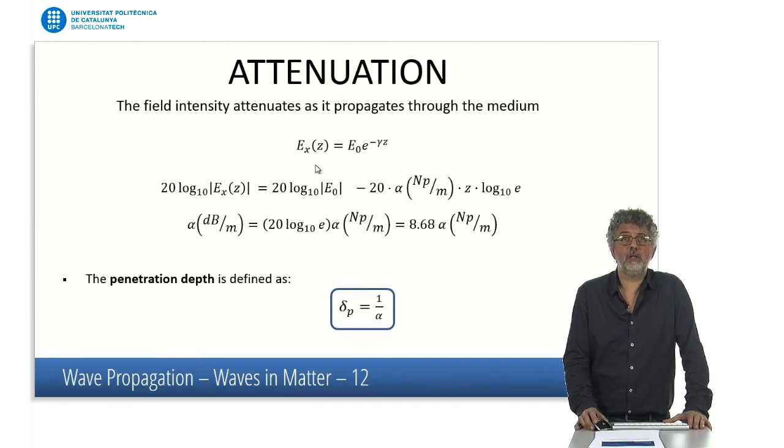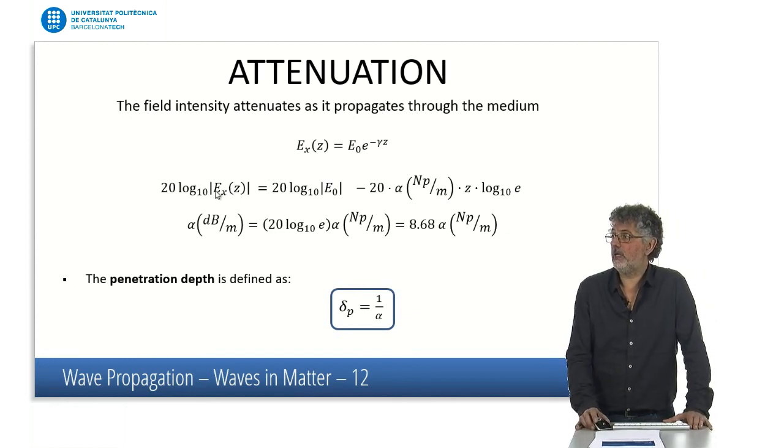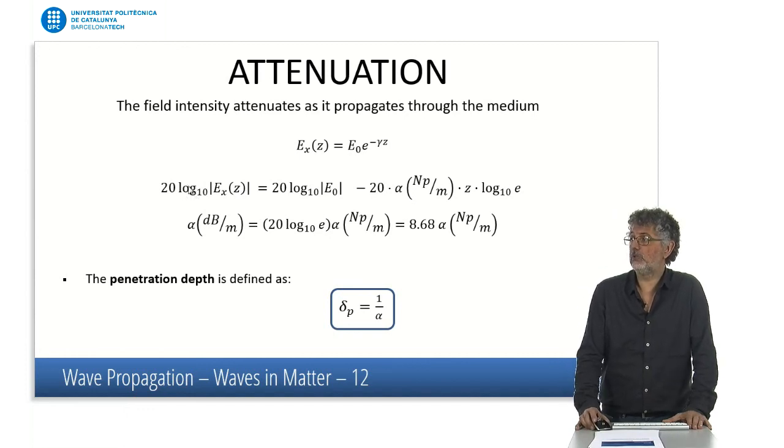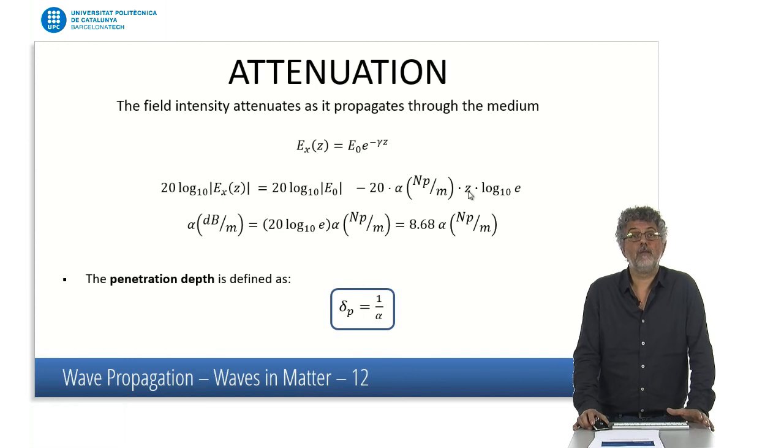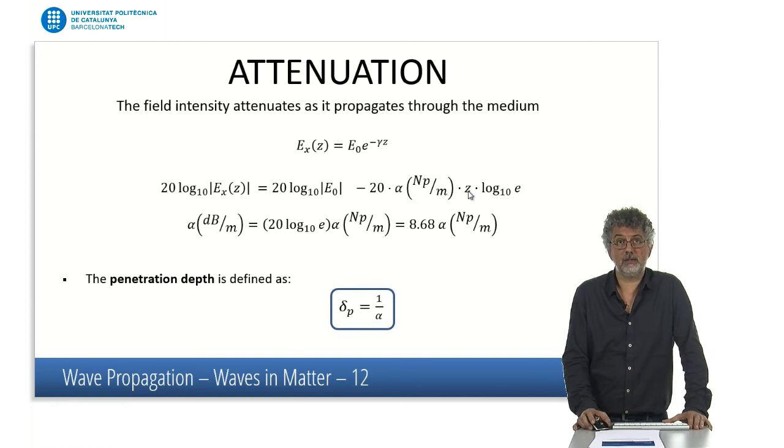If we have that the electric field is propagating with this expression, and we want to look at how the field attenuates, and we want to express it in dBs, what we do is 20 times log of the magnitude of the field, and if we just substitute this expression, we obtain this term here, and then this term that we can see has a few constants: we have that 20, we have alpha, we have log 10 of e, and then we have z, the distance. So what this is telling us is that the field is attenuating, is decreasing its magnitude along the propagation z.